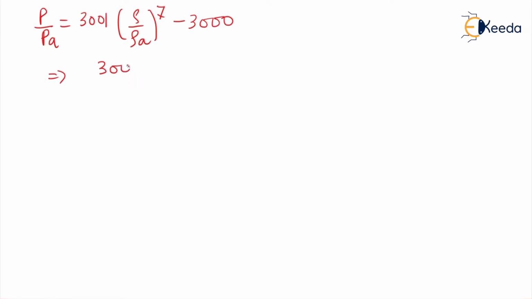Our equation was P by Pa is equal to 3001 (rho by rho A) to the power 7 minus 3000. That simply means 3001 into (rho by rho A) to the power 7 will be equal to P by Pa plus 3000, and we are looking for this expression only.